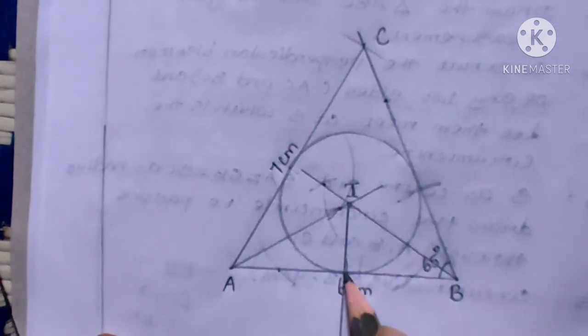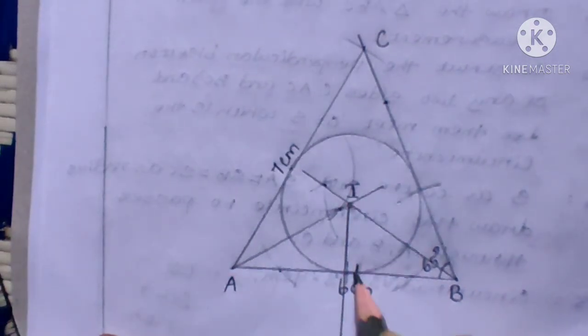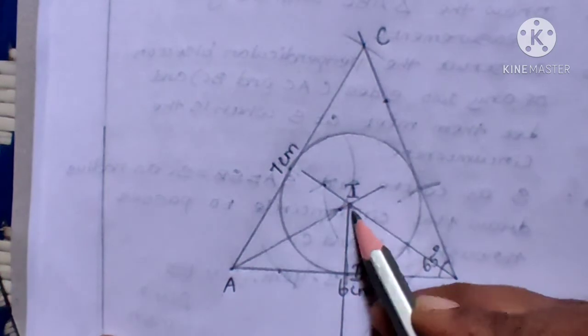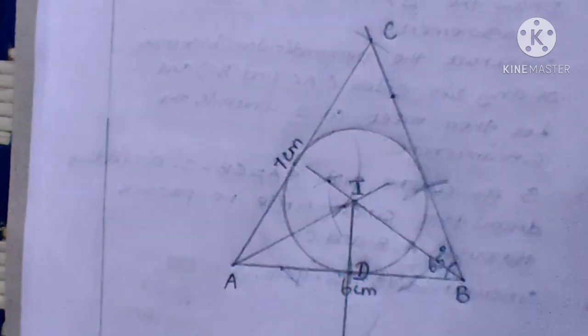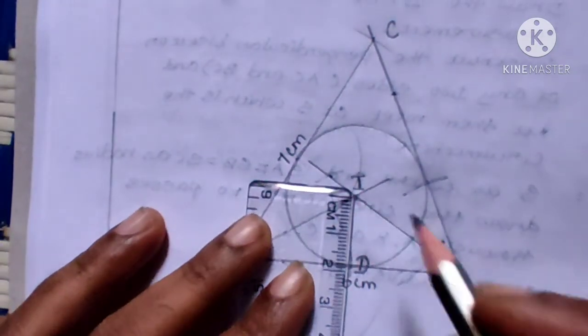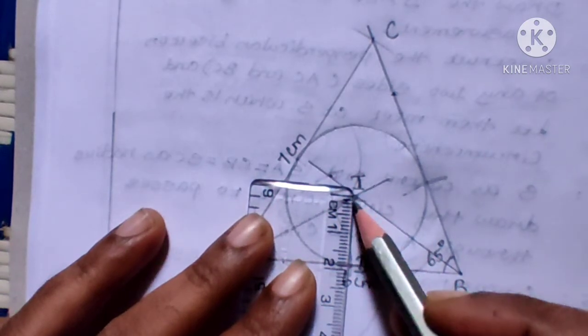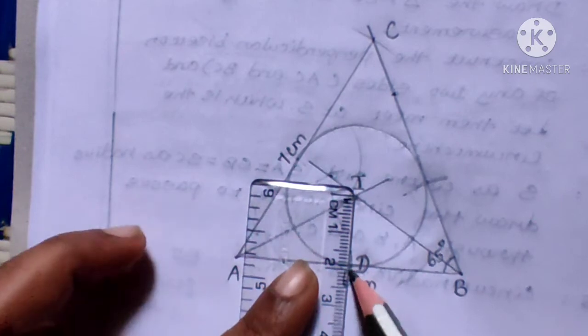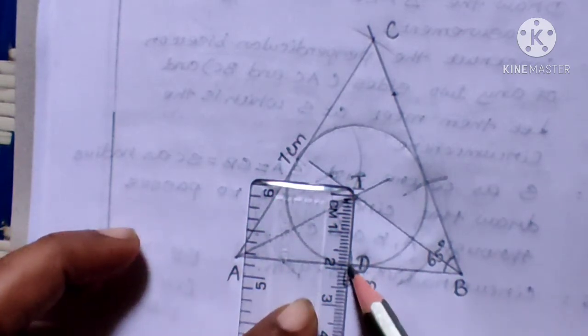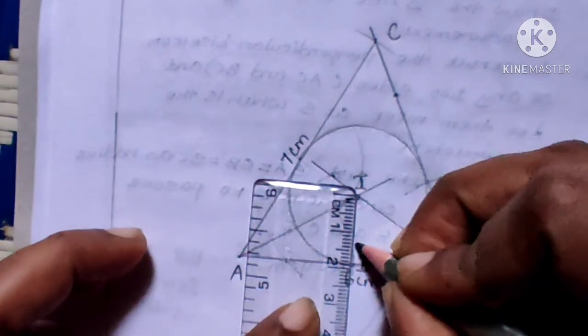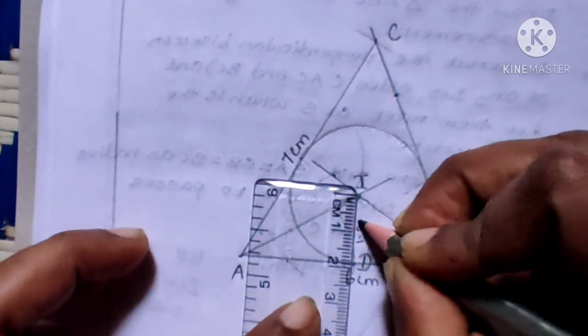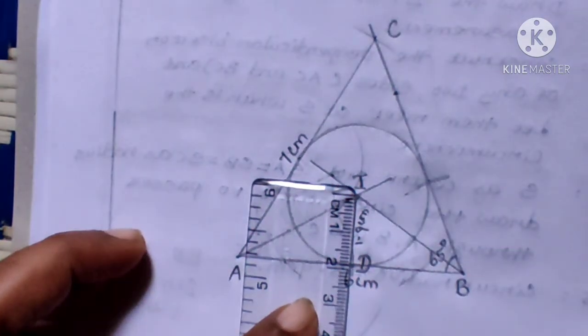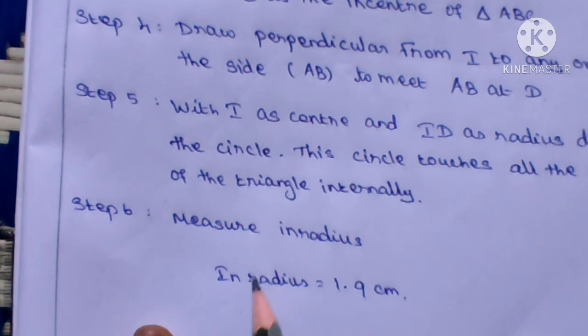Take this intersecting point as D. Now you measure I to D. I got 1.9 centimeters. So step 6, write that the inradius measurement is 1.9 centimeters.